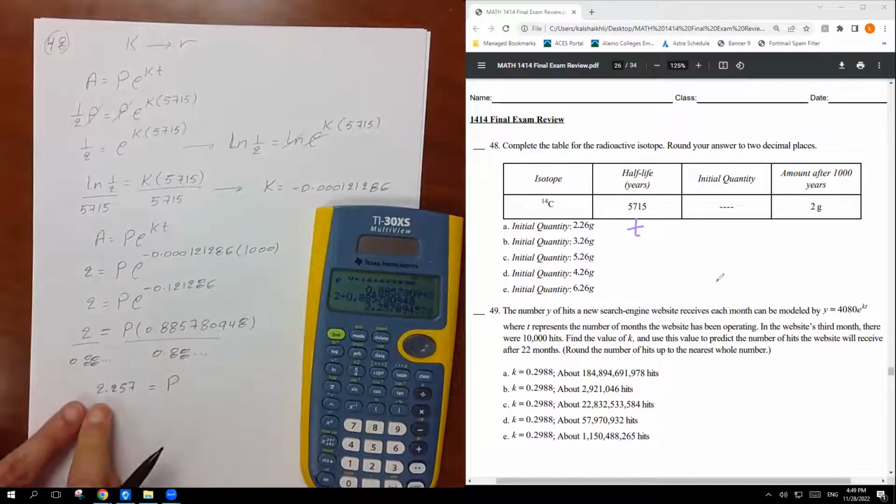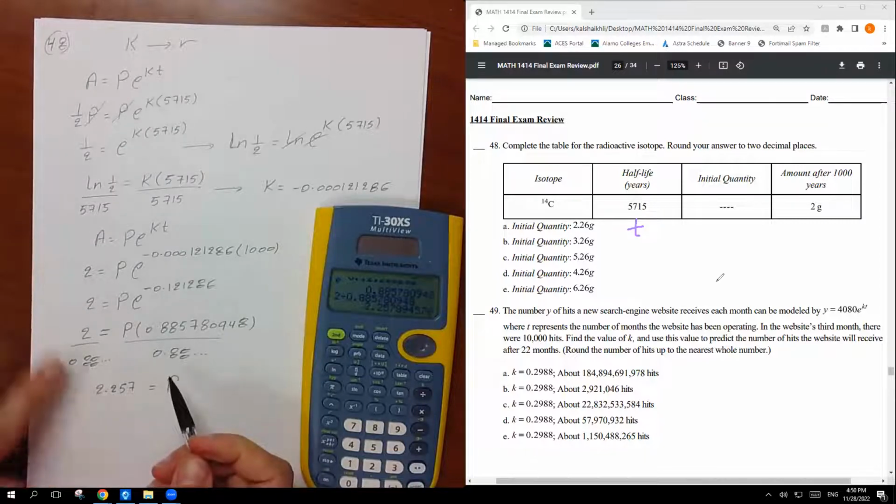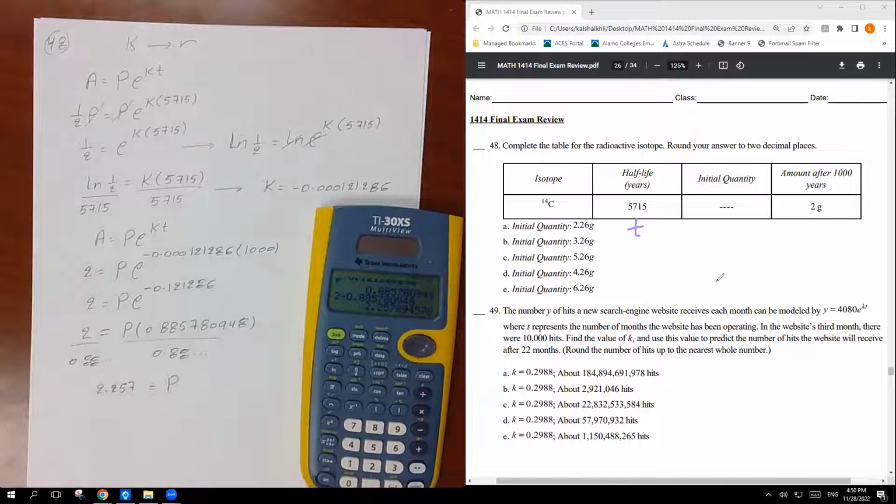That means the initial quantity is 2.257, and after 1,000 years it's going to be 2. That's it. So we're going to choose 2.26. We have to round it, so it's going to be 2.26. So here's our solution.